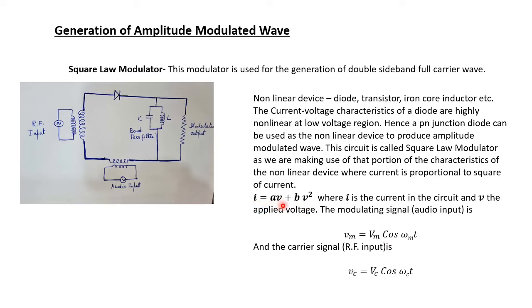I = A·V + B·V². So this is the equation of current flowing in this circuit of a square law modulator.